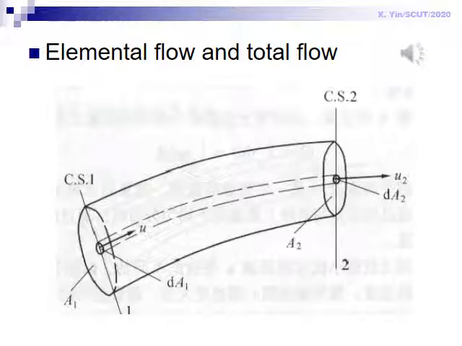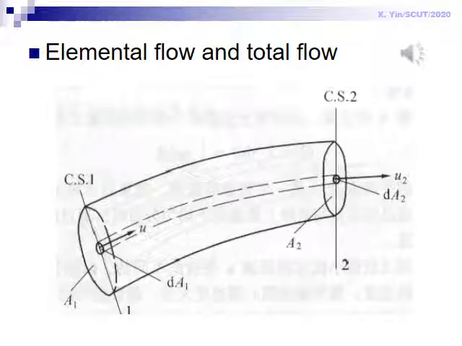In mathematics, total flow is the integral of elemental flows. Look at the picture. This is a flow in a pipe. The elemental flow is drawn by dotted lines. The discharge cross-sections, sometimes we simply call it cross-section or CS.